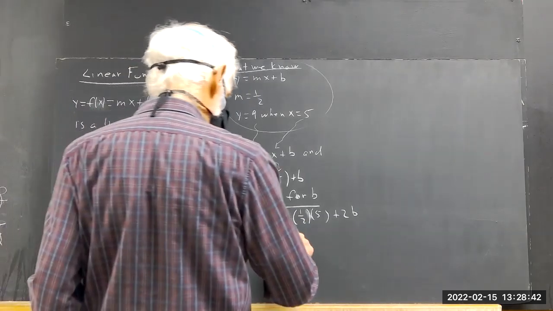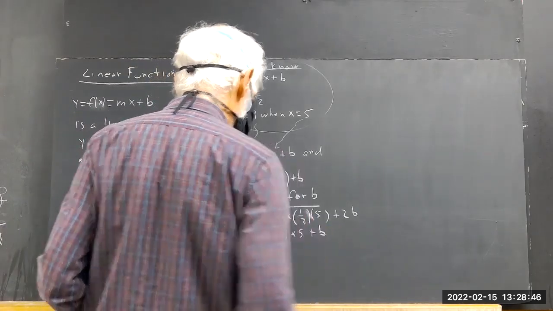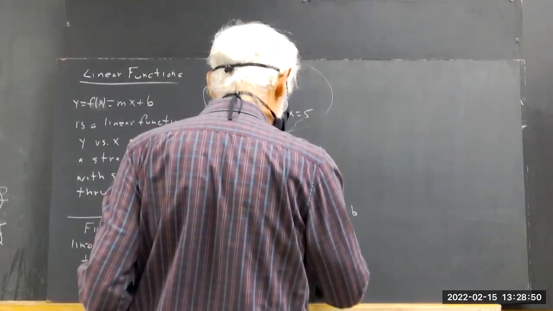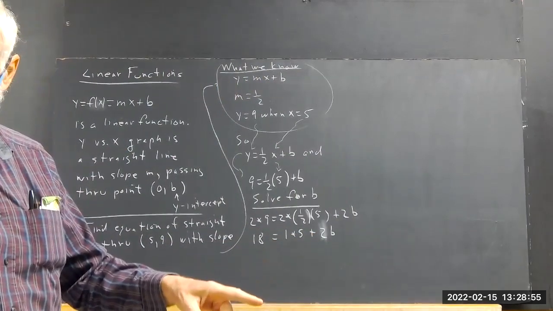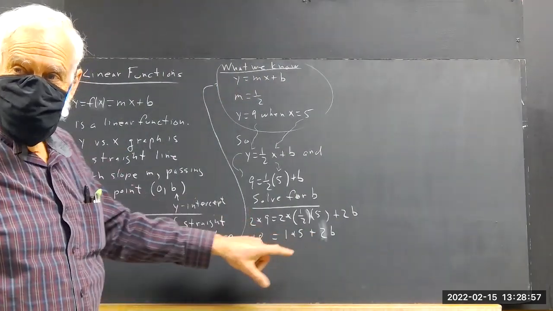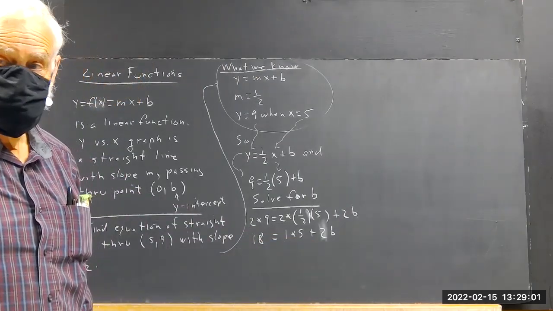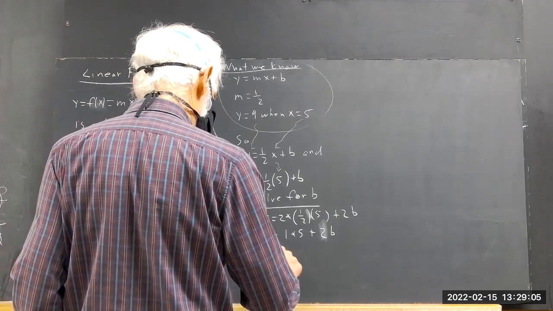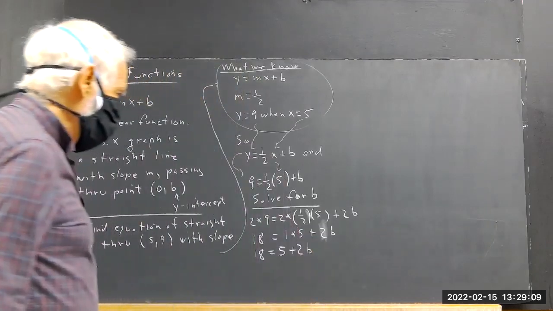So this is 1 times 5 plus 2b. Okay, so we have this, right? So that 18 equals 5 plus 2b.